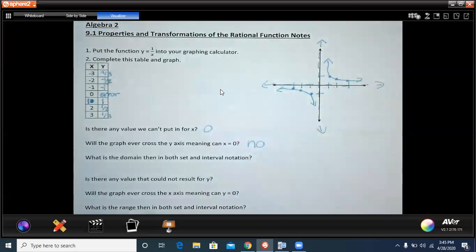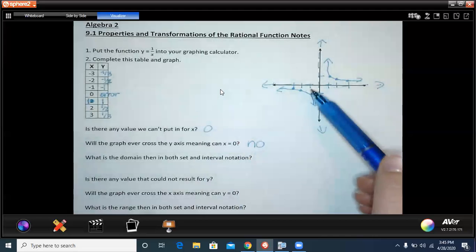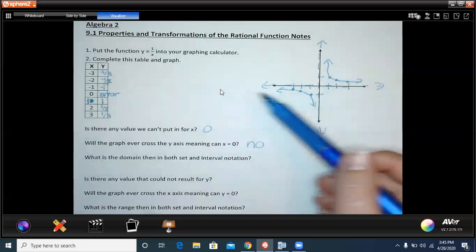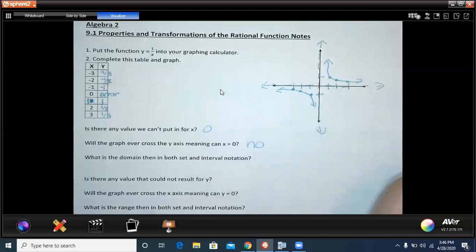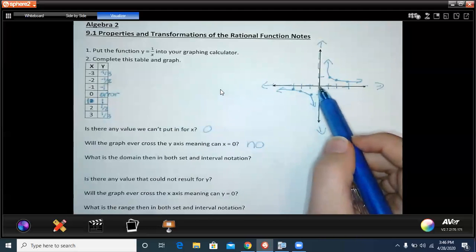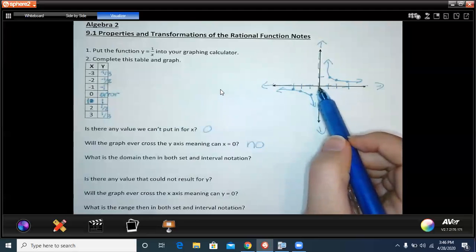All right, then it says to list the domain in both set and interval notation. So set notation would be when we just write it as x is greater than some number, or x is less than some number, right? But we can see that this thing goes along the x-axis into the negatives forever, and it goes along the x-axis into the positives forever. The only place it doesn't exist is right here at 0.